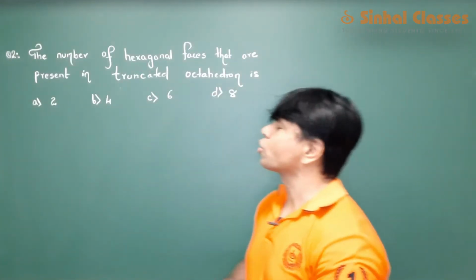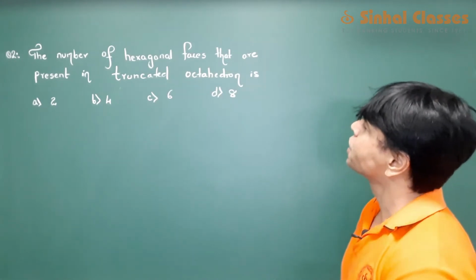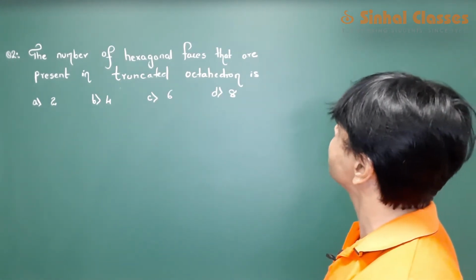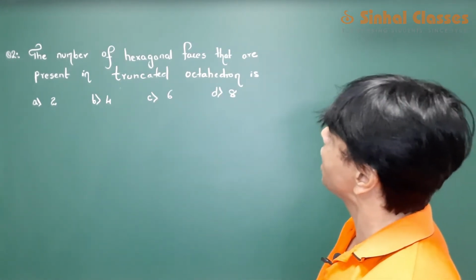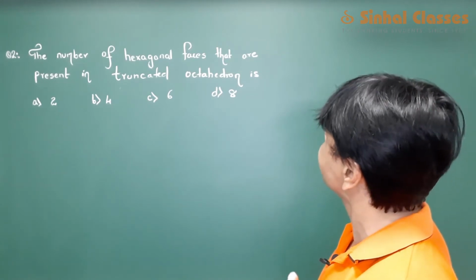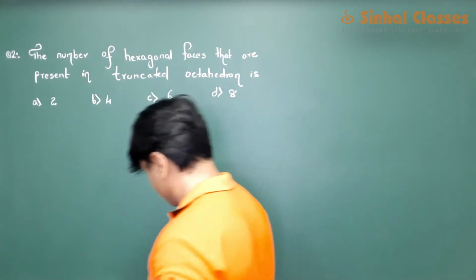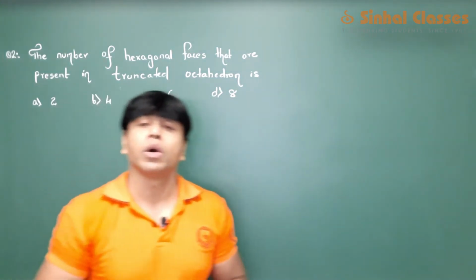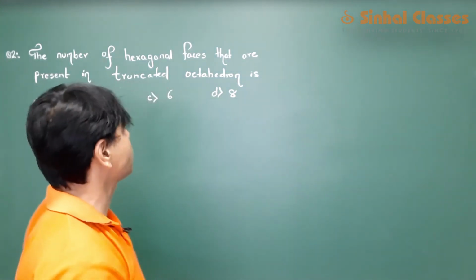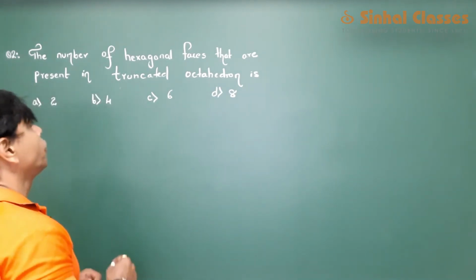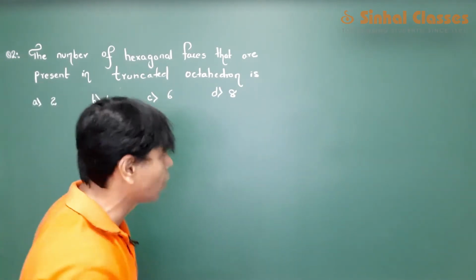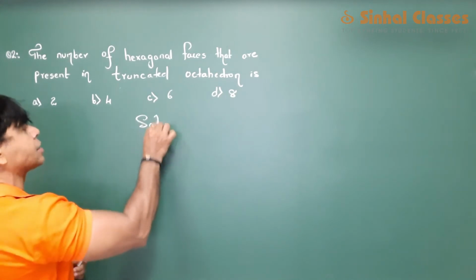Now have a look at this question. It says the number of hexagonal faces that are present in truncated octahedron is. Now if you draw the two-dimensional structure of truncated octahedron, it will appear like this.